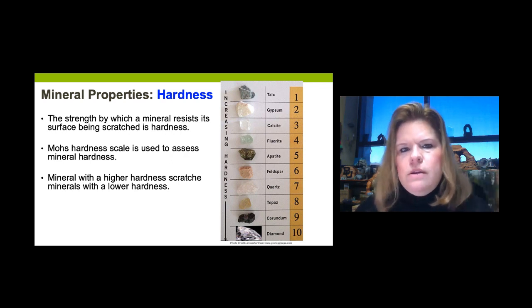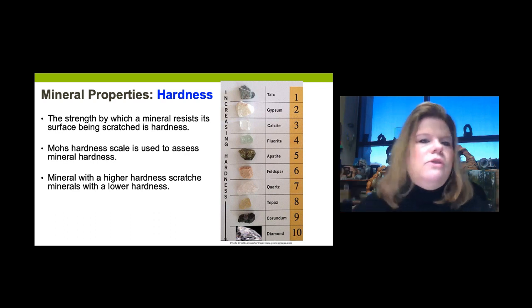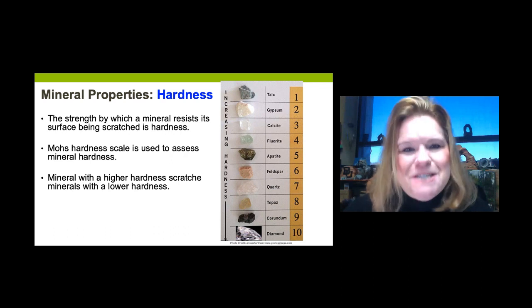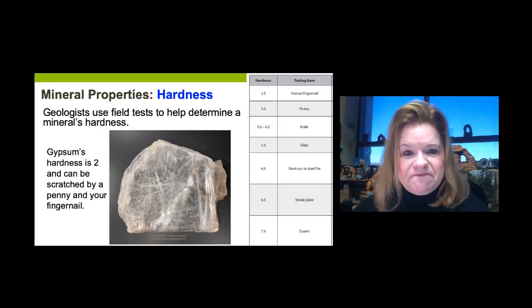When you find corundum and it scratches everything from 8 to 1, you know you found corundum. I'm going to be frank, there are not going to be diamonds in your box when you sample in lab, but there will be all the other general minerals and a few more.